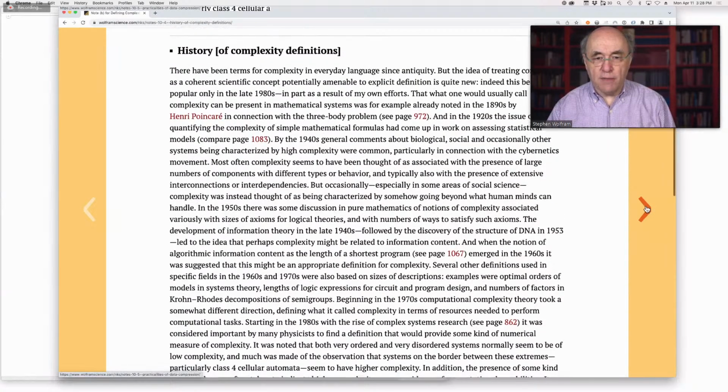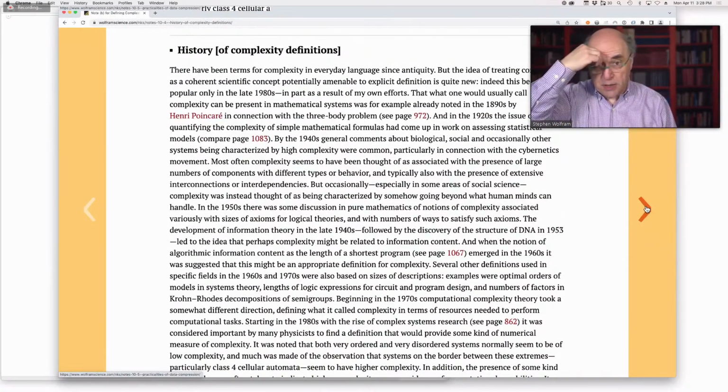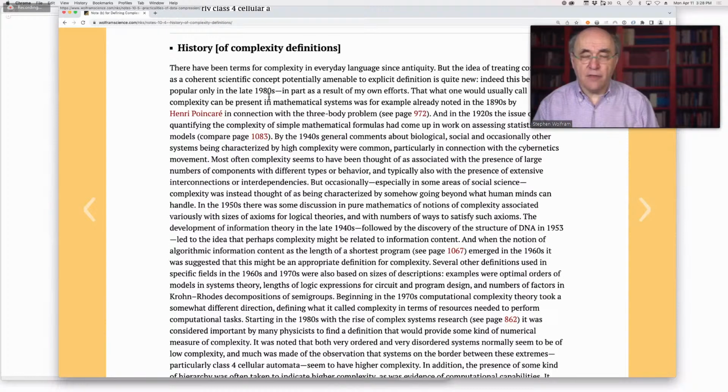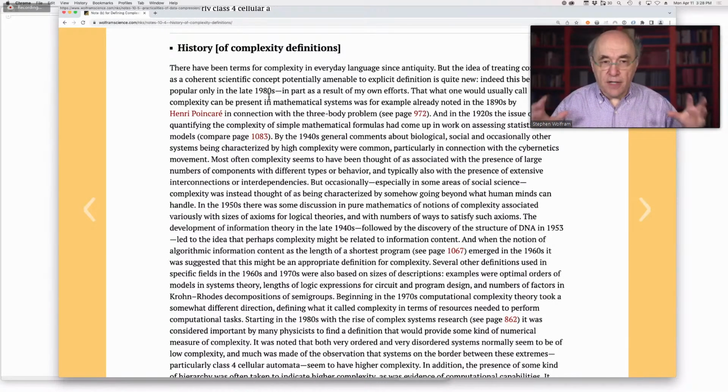Okay, this is talking about the history of definitions of complexity. This is kind of a messy subject, actually. This idea of complexity as a disembodied concept is something that I was quite involved in introducing in the 1980s.